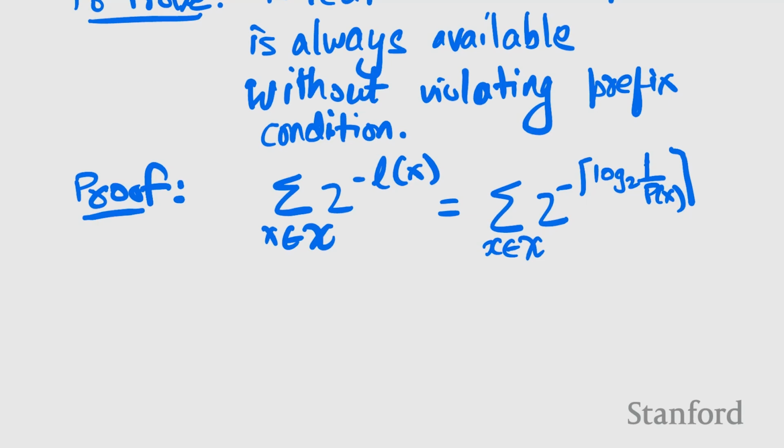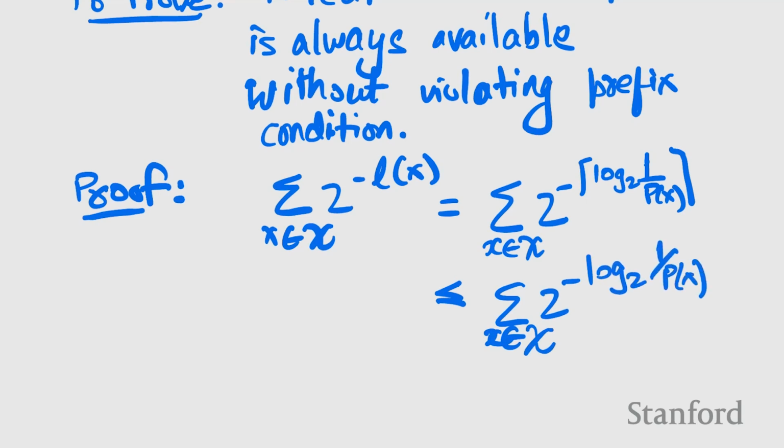So minus ceiling of x will be smaller than or equal to minus x. So after 2 steps, you can remove the ceiling function which just causes problems. And then just properties of logs, right? 2 power minus log 1 over p of x, this whole thing is just p of x. So this is summation p of x, and this I think all of you know.